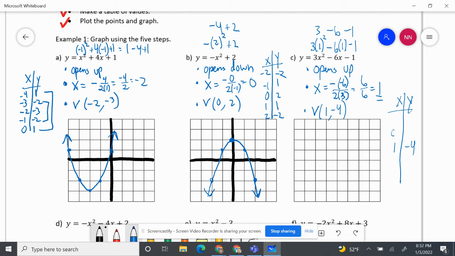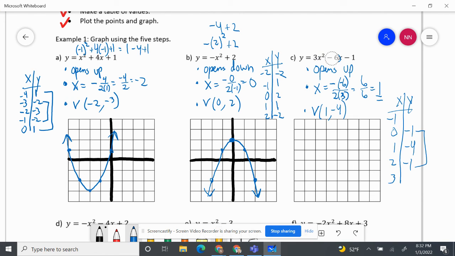I pick 2 points that are less than and 2 points that are greater than. Now, my favorite point is 0 because that is the easiest one to work with. So I'm going to start off with the 0. 0, 0, minus 1. So that, of course, is -1. And remember, because of symmetry, those two are always the same. And then I have a decision between -1 and 3.